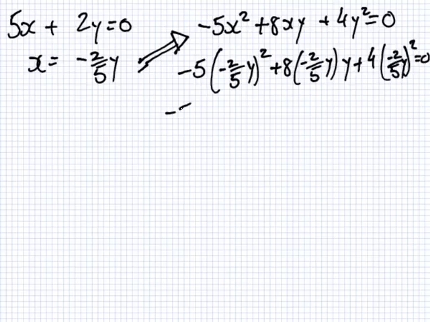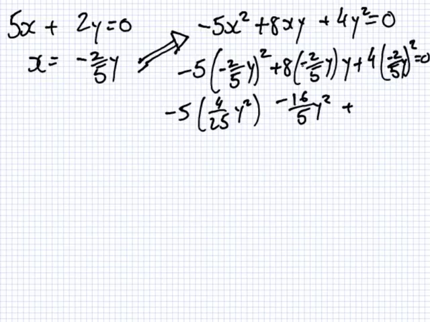So this will be minus 5 times 4 over 25y squared, minus 16 over 5y squared. Did I make a mistake here? Oh, you're giving me the last part? Plus 4y squared. Oh, yeah, sorry, I see it now. Thank you. I did something I shouldn't have done.